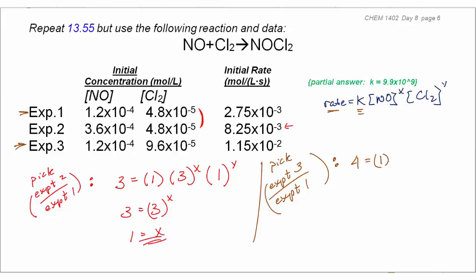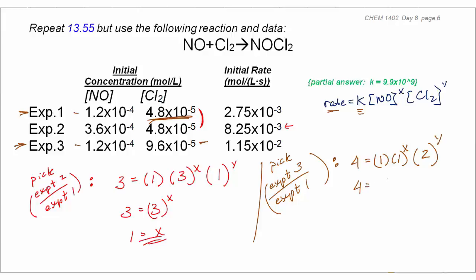The concentration of NO, its ratio, well, that didn't change, so it'll be 1 raised to the x. Concentration of chlorine went from 4.8 times 10 to the negative 5 to 9.6 times 10 to the negative 5. Divide that by 4.8 times 10 to the negative 5. Get 2. That has to be raised to the y.